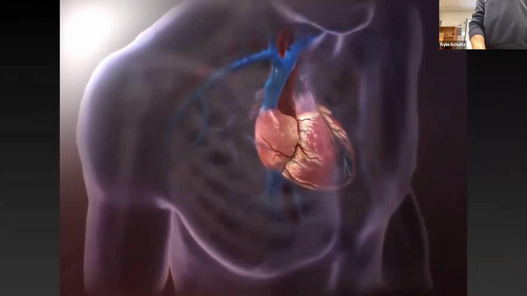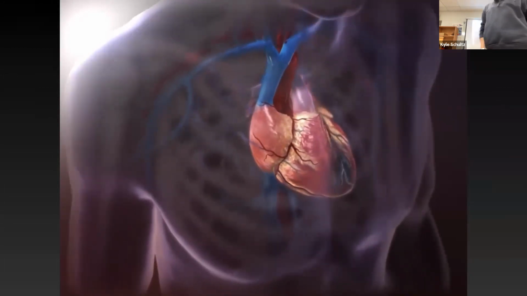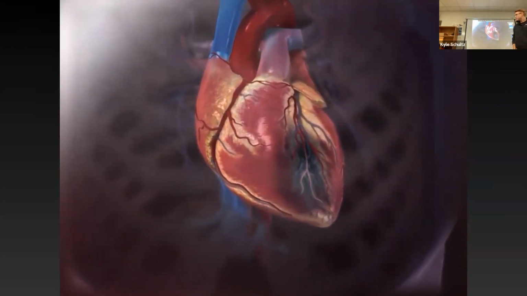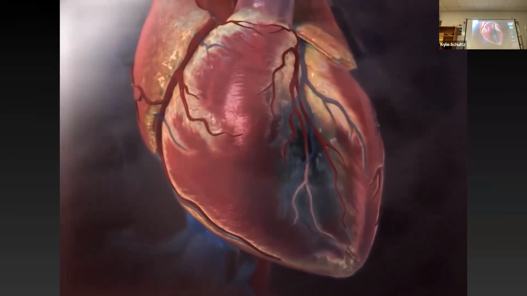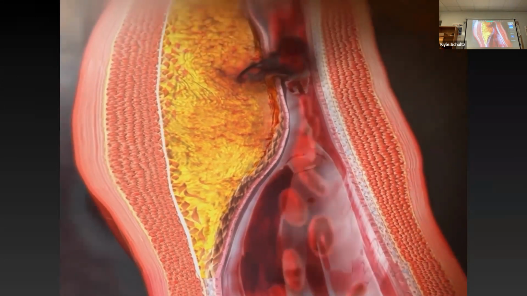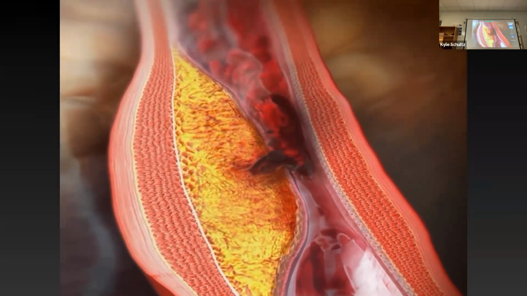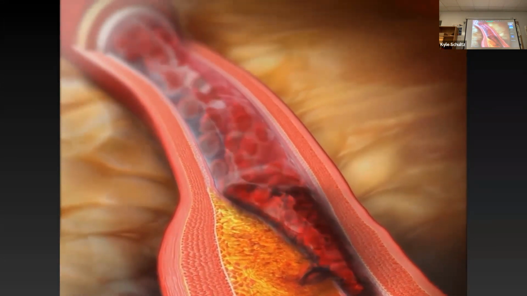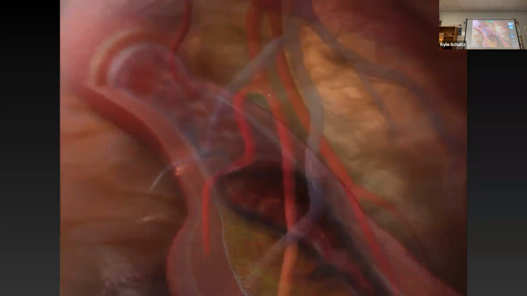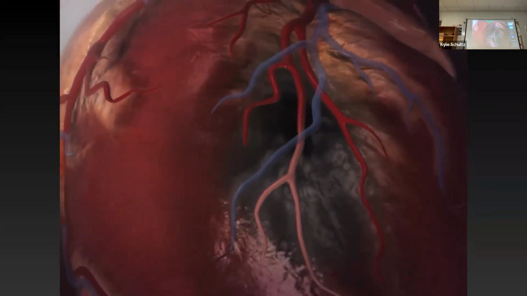So here's a cool little video of the pathology of an MI. It puts a little bit of a visual to what's going on in the heart. See that coagulation of the blood from the stasis?